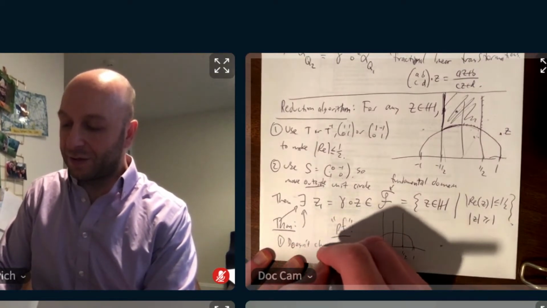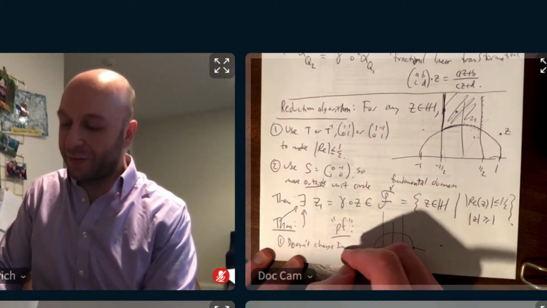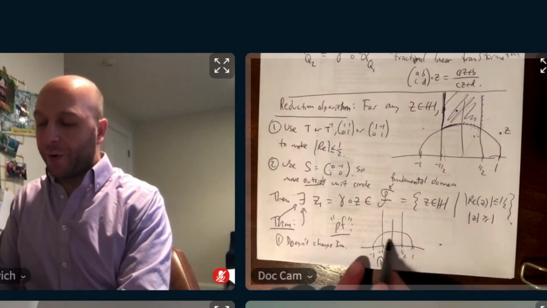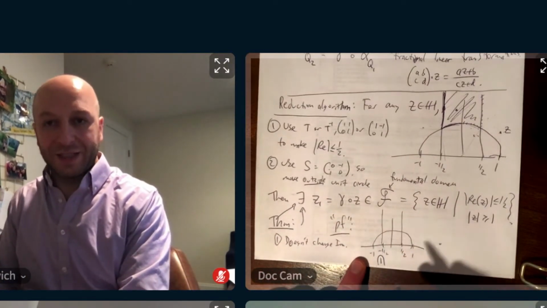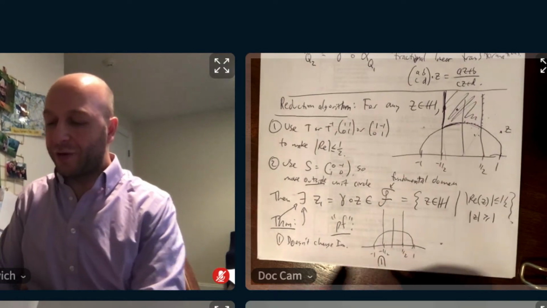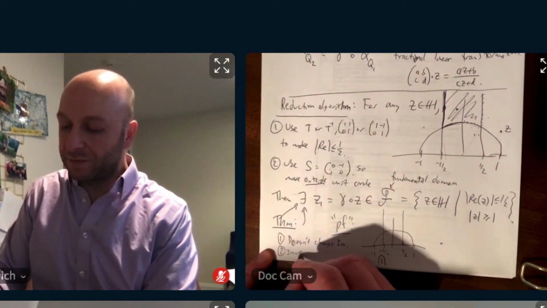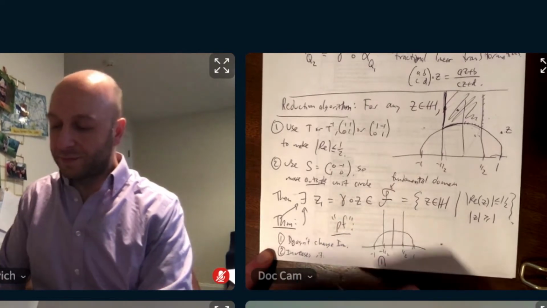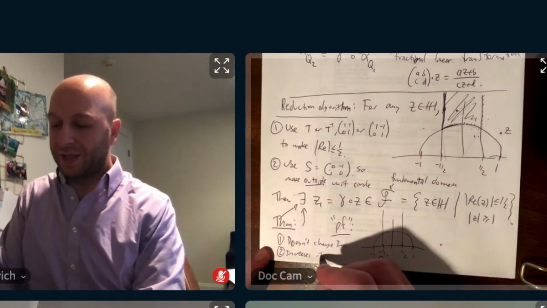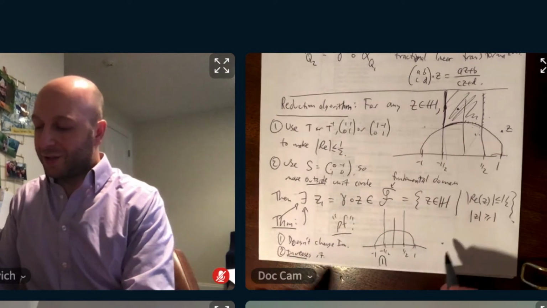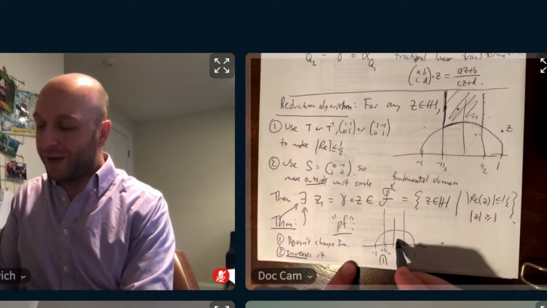You see, the real part I can always get between minus a half. That's easy. What's going on to the imaginary part? 2 increases it. This is the key. So wherever I start, I can move it into minus a half.